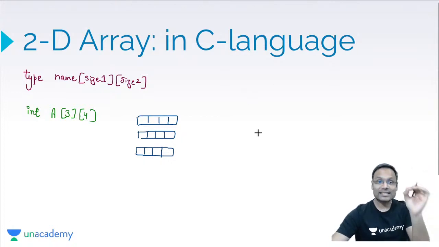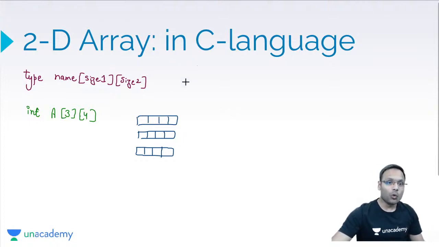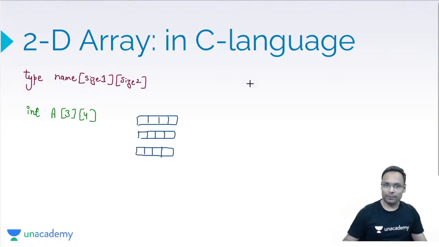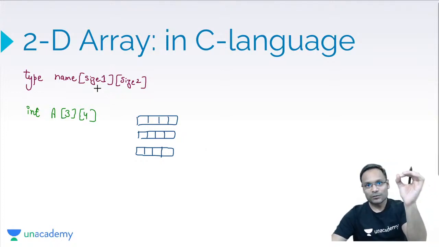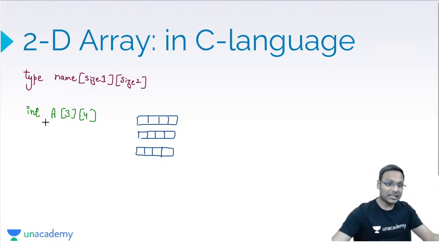But this is the 2D array in C language, in which you have each and every element, rows and columns. Rows and columns both are having lower bound 0. Row number starts from 0. Column number starts from 0. Means if I am having these 12 elements, the elements will be like this.